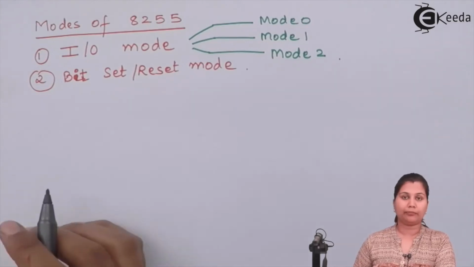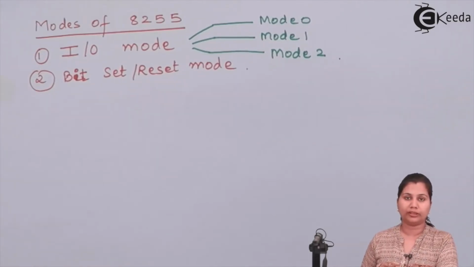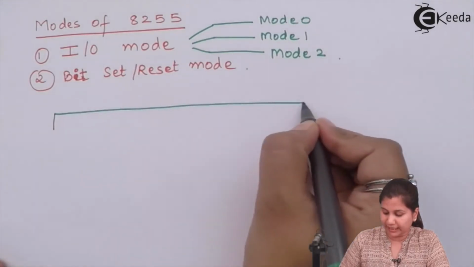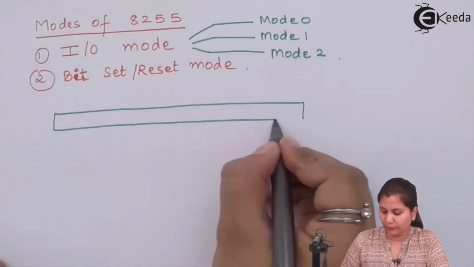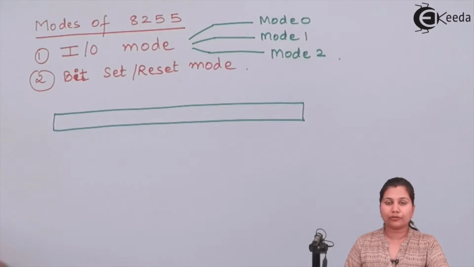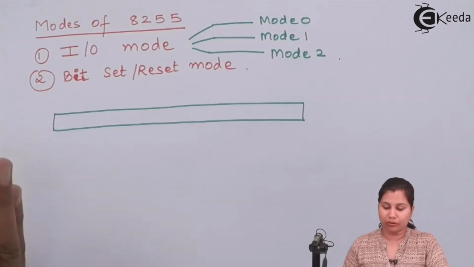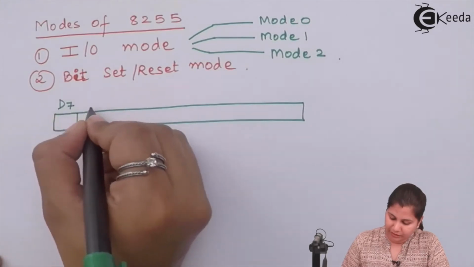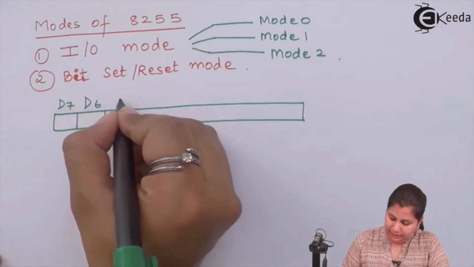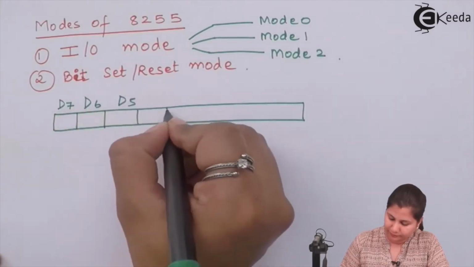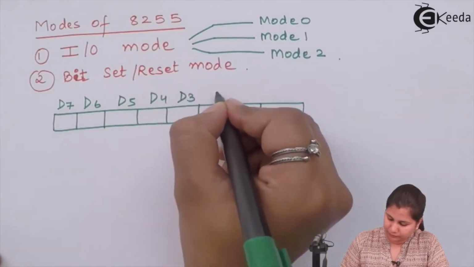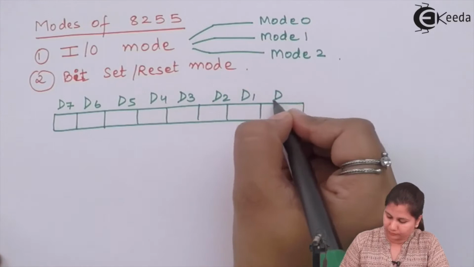Let us first come to the control word format, that is, how the control word decides which mode is going to work. As the control word is an 8-bit word, it will have 8 bits starting from D7, D6, and so on.